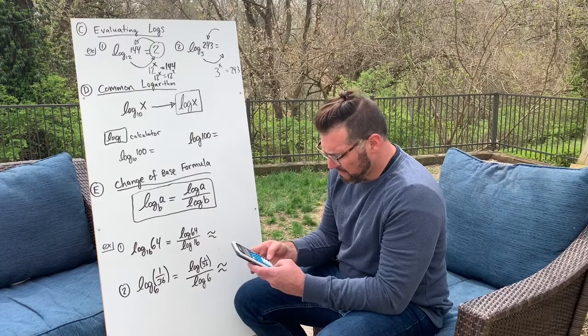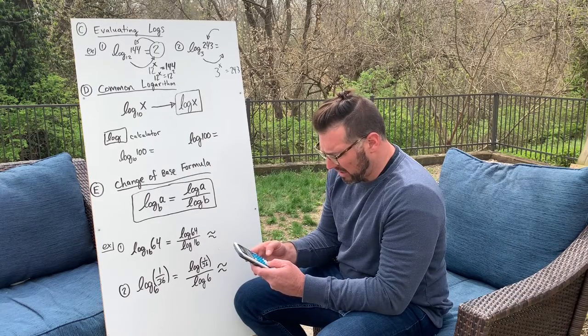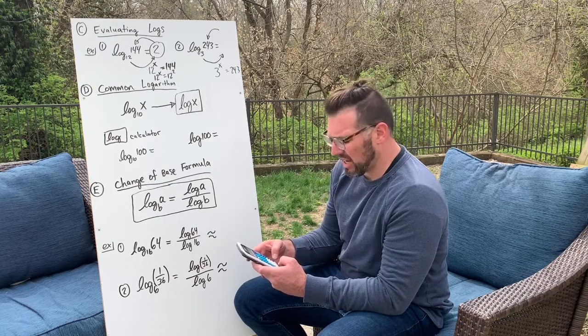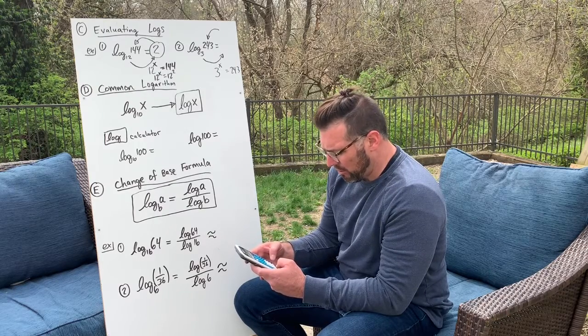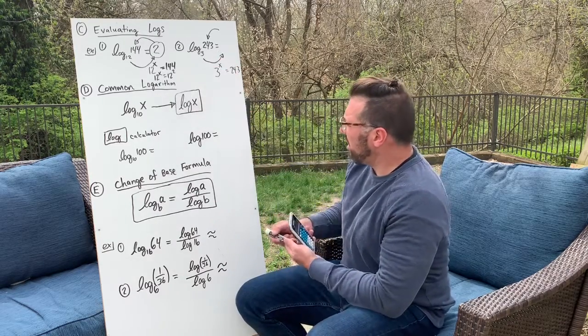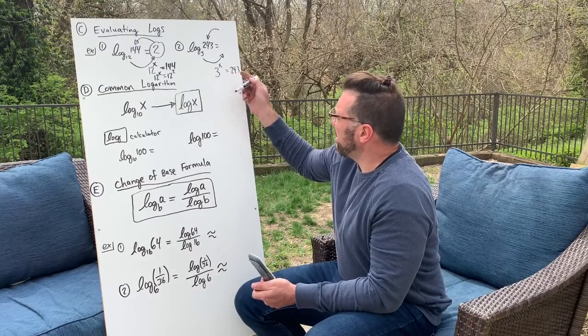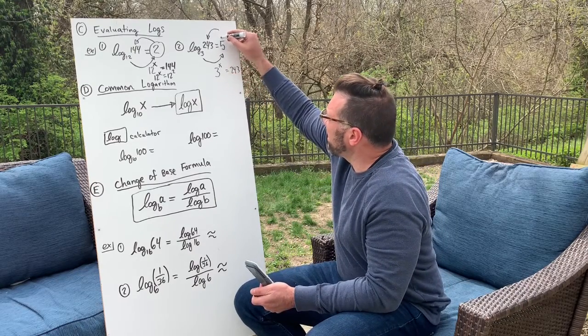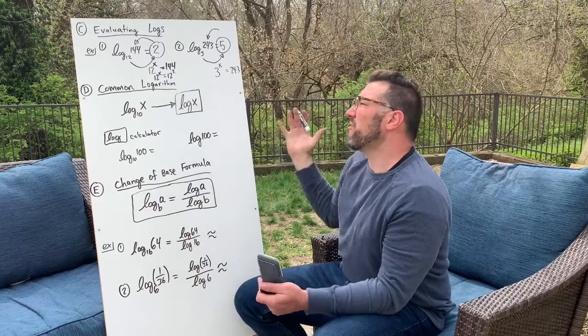Let's see. 3, where's my caret key? 3 to the 4th power equals 81. Oh, no, that's not it. What about 3 to the 5th power? Caret key, 3 to the 5th, yep, equals 243. So the value of this log, because 3 to the 5th equals 243, the value of that log is 5. So that's how you evaluate logs.